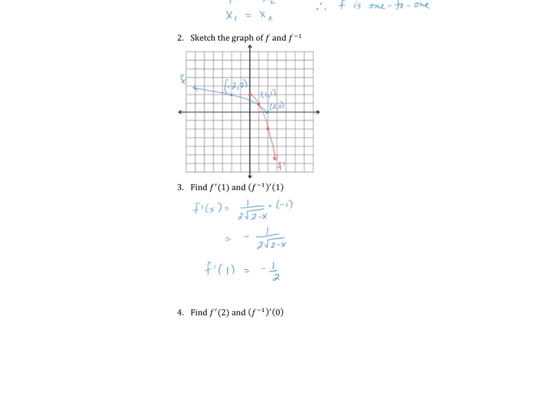So instead of computing the inverse function and then finding its derivative, I'm just going to use theorem 7.3. If I take the derivative of the inverse function and evaluate it at 1, it's going to be the reciprocal of negative 1/2, or negative 2.